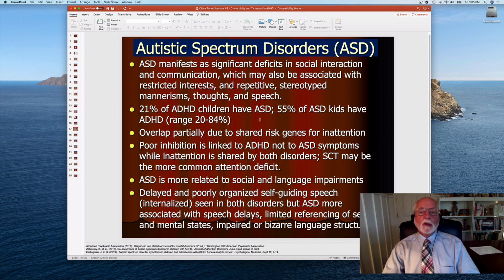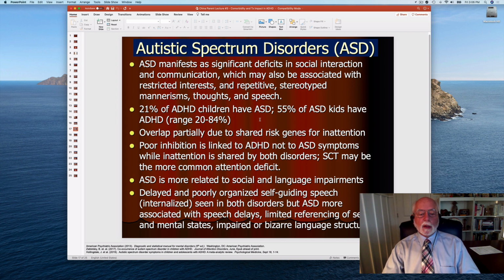We know when we see these two disorders going together that the poor impulse control or inhibition problems are due to the ADHD, whereas the social interaction, communication, and language problems are the result of autism. So we need to separate which disorder is leading to which difficulties.